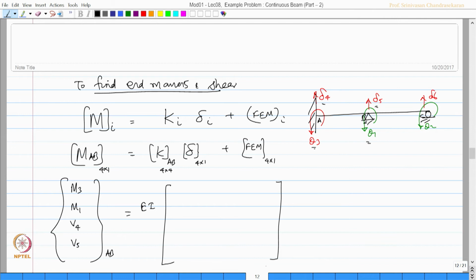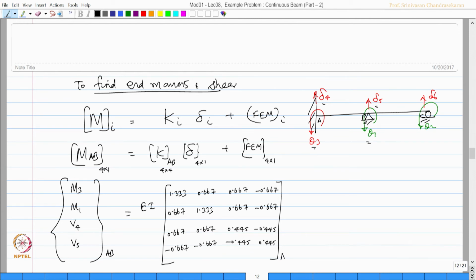So, K matrix of AB, which will be 1.333, 0.667, 0.667, minus 0.667, 0.667, 1.333, 0.667, minus 0.667, 0.667, 0.667, 0.445, minus 0.445, minus 0.667, minus 0.667, minus 0.445 and 0.445.